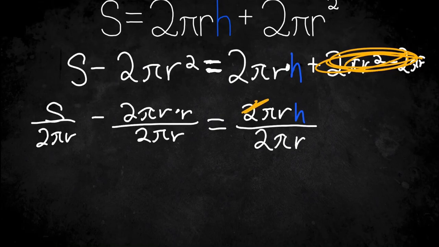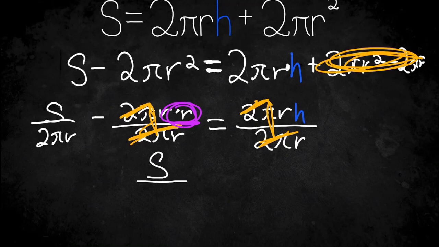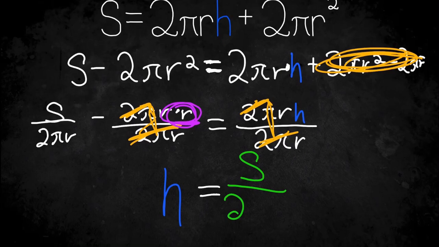We're not going to write r squared, we're going to do r times r. And you see there, this equals 1. Also, we have a 2 pi r times r and a 2 pi r on the top and bottom, so that equals 1, and we are left with just r. So h equals S over 2 pi r minus r.